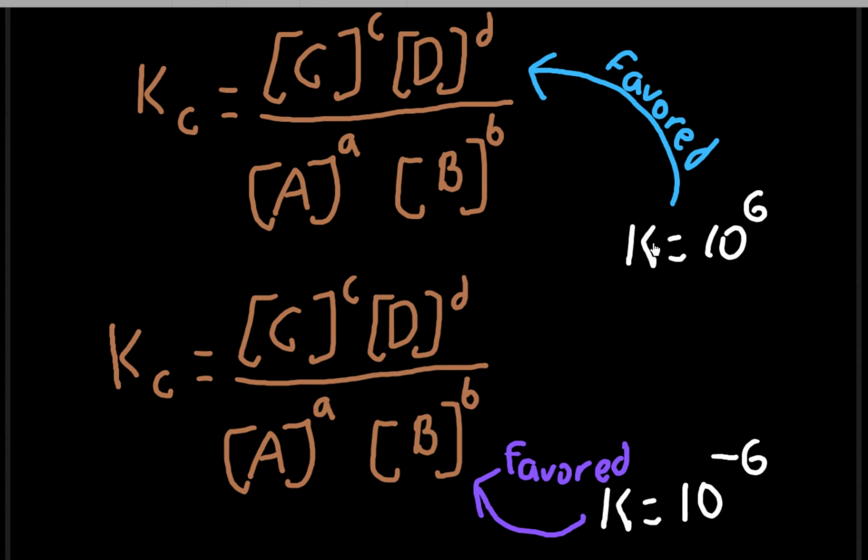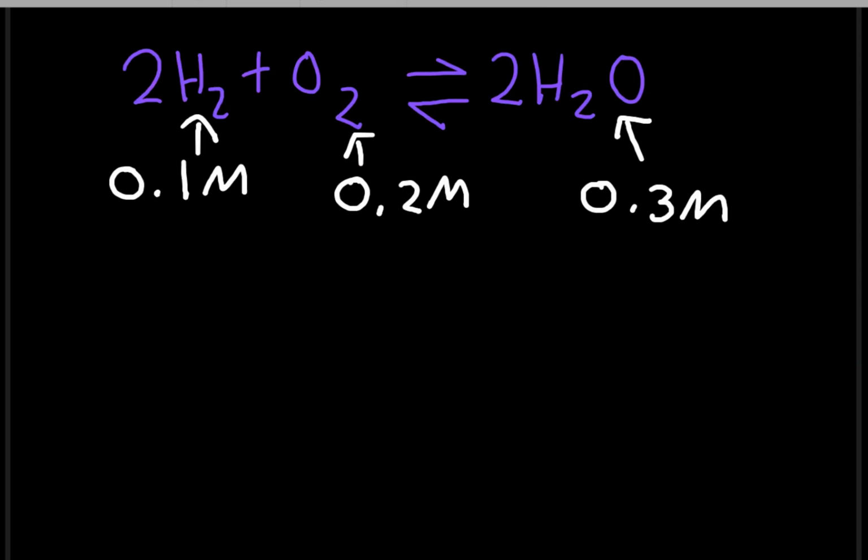If K is tiny, remember K is never going to be negative because you can't have a negative concentration. But if K is a really small number, that means there's a very, very large number on the bottom, which means there's a very large amount of reactants and not so much of products. So that's how you know which side's favored. If K is bigger, the products are favored. If K is smaller, the reactants are favored.